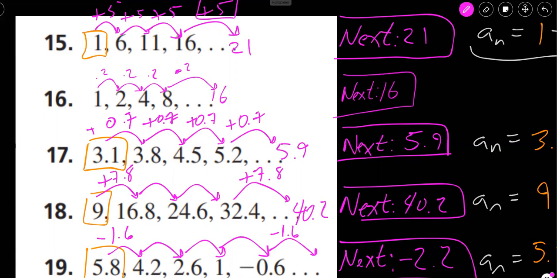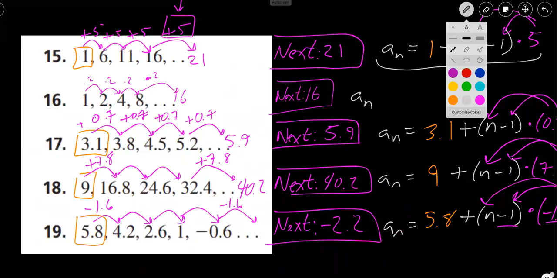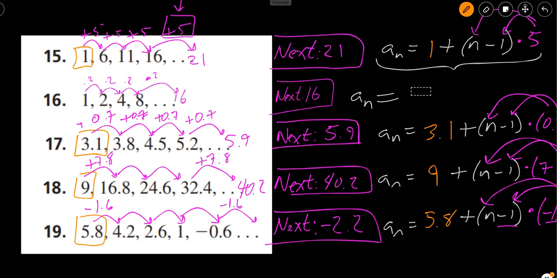And then to build my formula or my rule, this is a geometric sequence. So it's going to be AN is equal to that first value, which still matters, A1. My A1 value is just 1, times, this is multiplication every time, my ratio value, which is R. And in this case, I'm multiplying by 2 at each position.